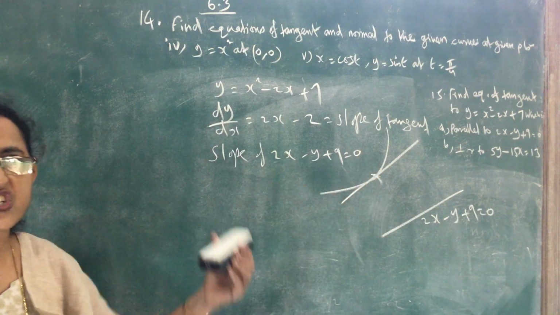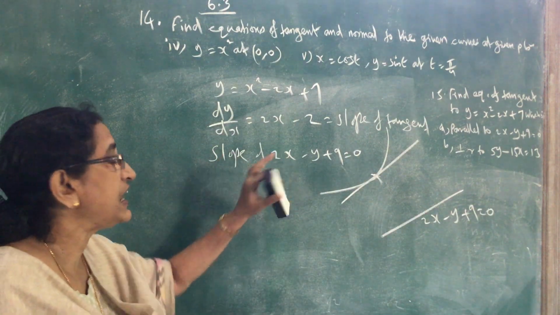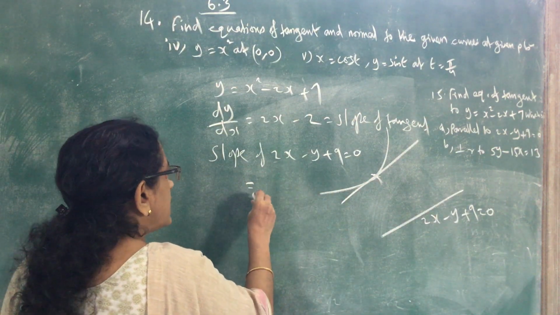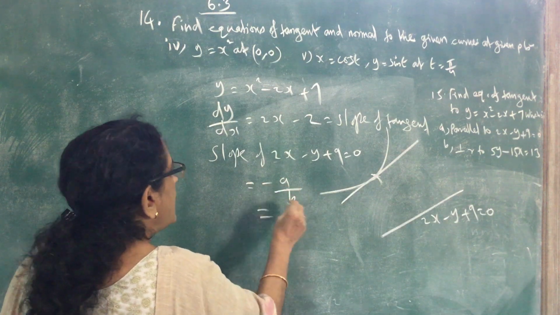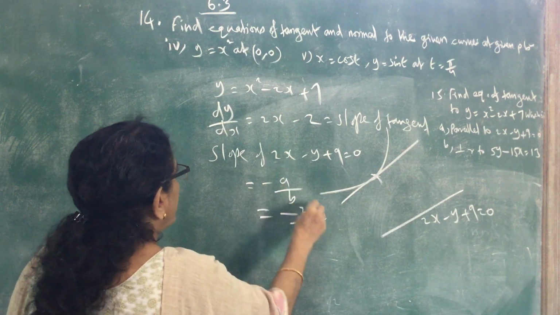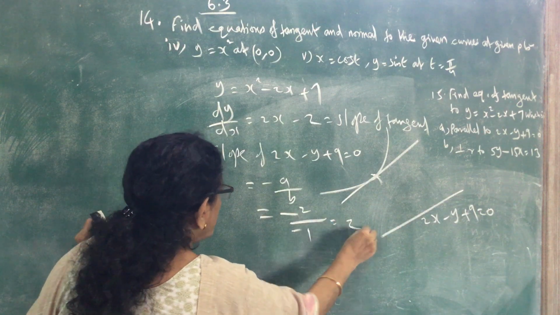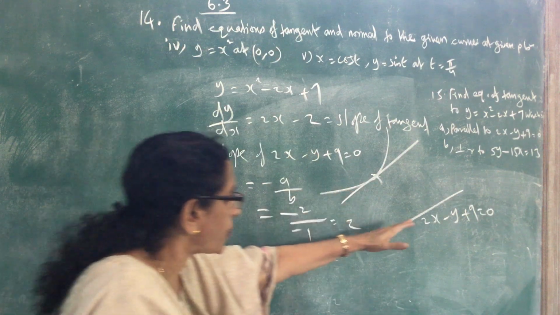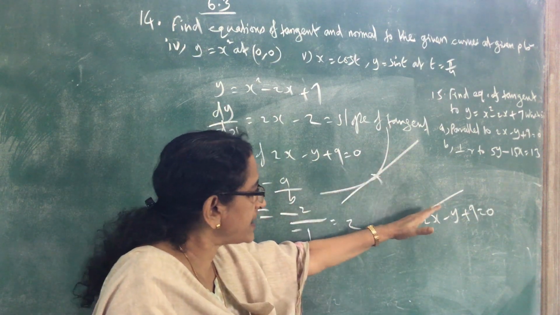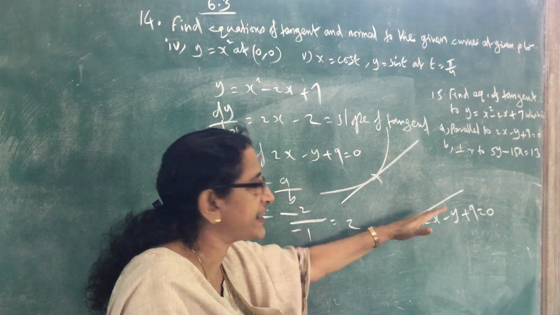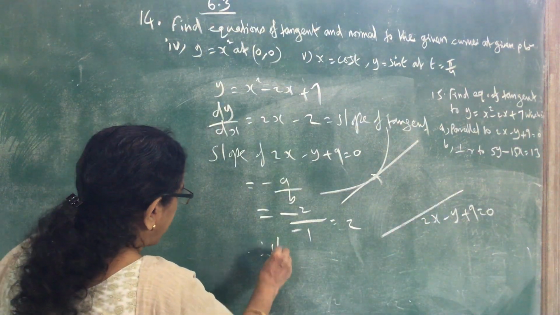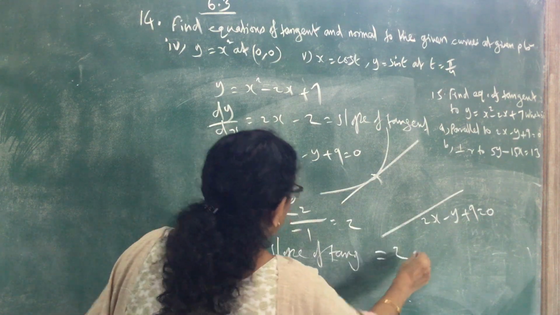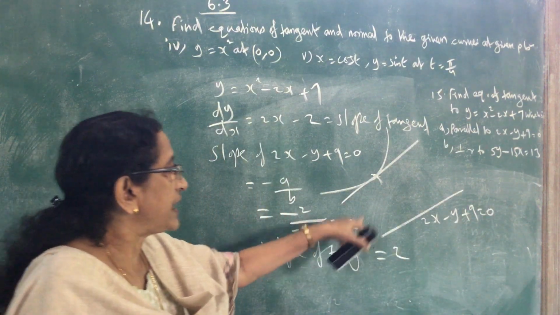We find the slope of the line using the formula minus a by b: minus the coefficient of x, 2, divided by the coefficient of y, minus 1, so minus 2 by minus 1, that is 2. Since the tangent is parallel to this line, the slope of the tangent equals 2, the slope of this line.